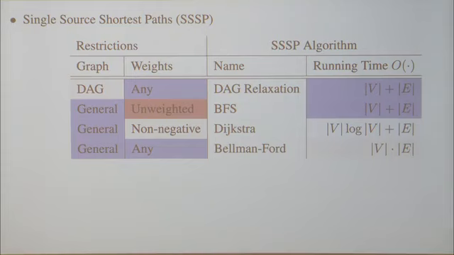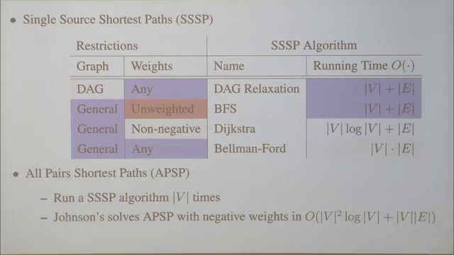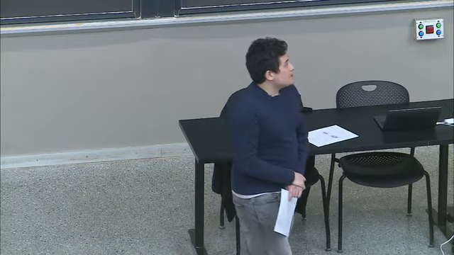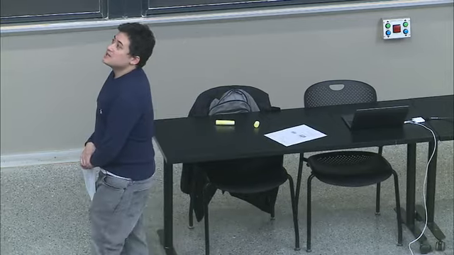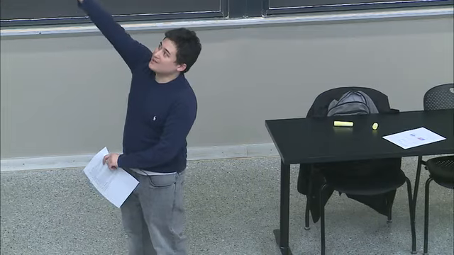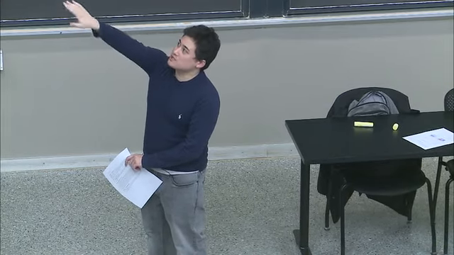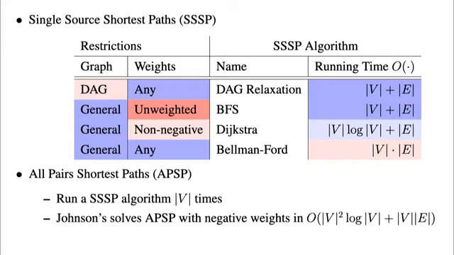And then in the last lecture we talked about all pairs shortest paths, and really running a single source shortest path from each vertex is pretty good in most circumstances. We don't know how to do a lot better for a lot of these. And then Johnson gives us, in this last line of our graph restrictions and weight restrictions, where Bellman-Ford is right there, a speed up over V times Bellman-Ford by two tricks.